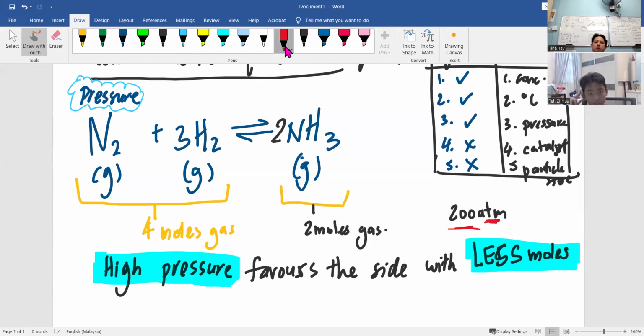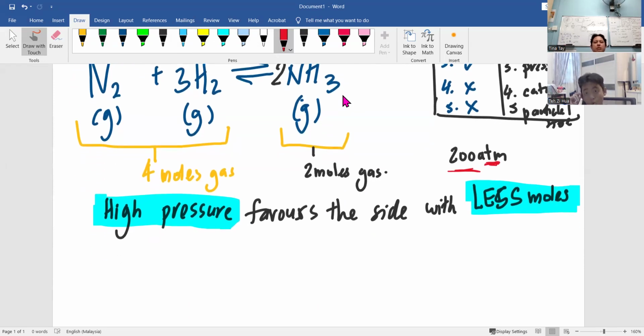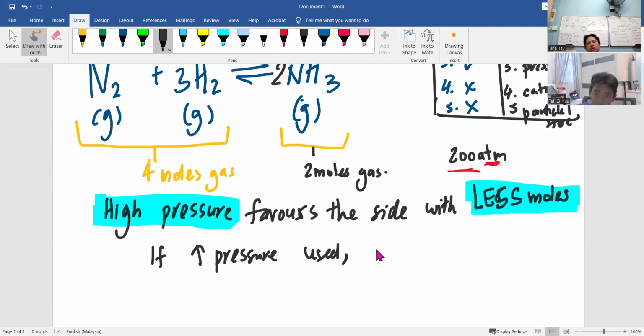So it will shift the equilibrium forward. So how you write is, if high pressure is used, the yield of ammonia increases. Why?